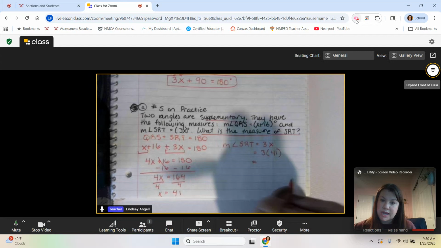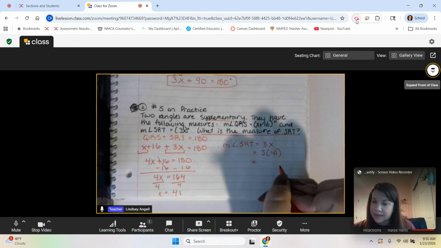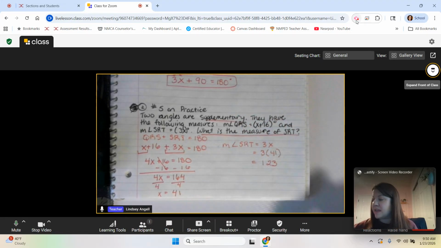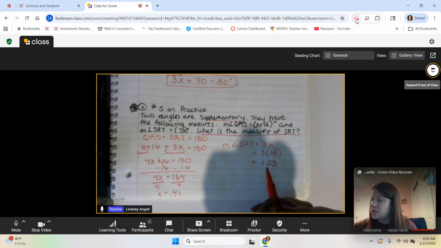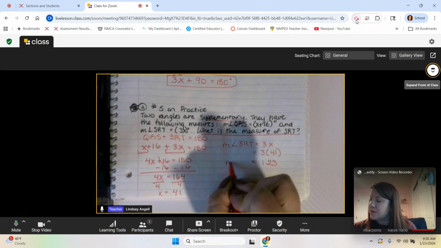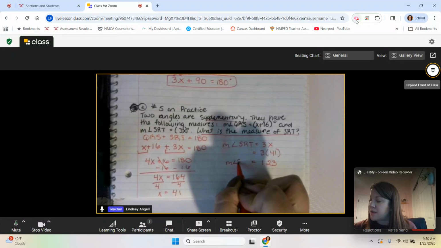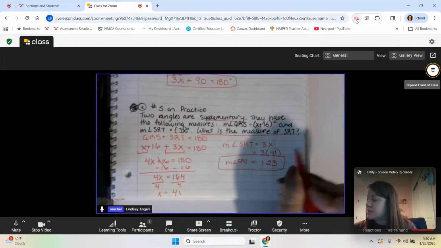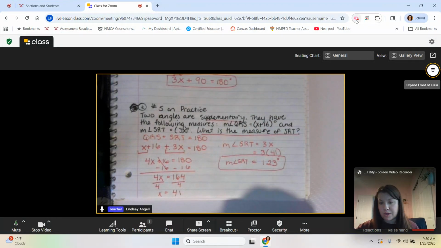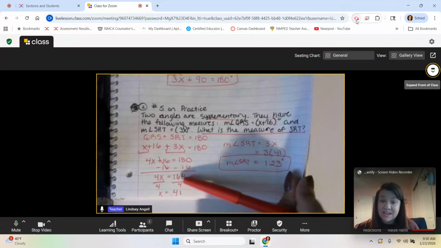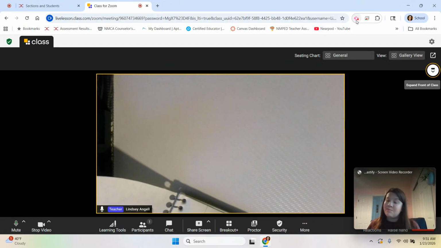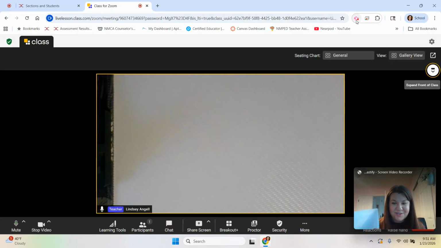Well, let's see, 3 times 1 is 3, and then 3 times 40 is 120, giving us 123. So the measure of angle SRT is equal to 123 degrees. Okay? And then from that, finding the other angle measure would be really easy too, but it didn't ask us to do that for right now.